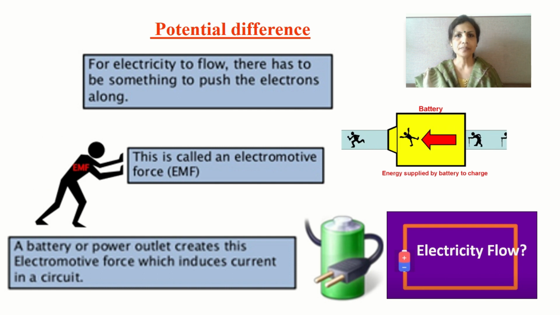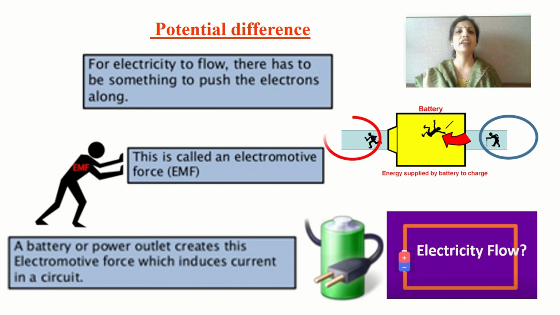Look over here. Towards the right side you see the electrons are lazy, they are tired and they are walking with a stick in their hand, no energy at all. The moment they enter through this cell or battery, they experience a force. The stick is flying away, they are getting a push, and they are running literally.